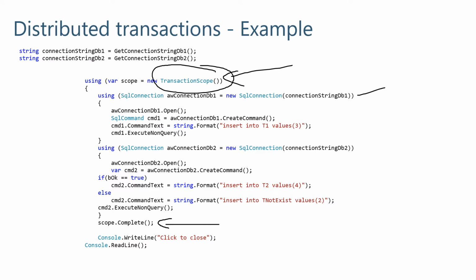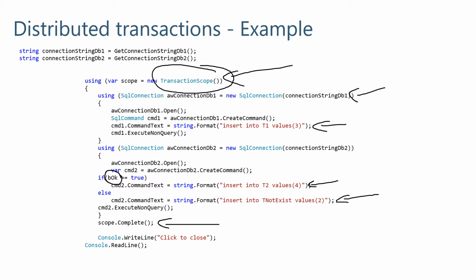So we have this connection. We are going to run this insert, and in the second connection, just for demo purposes, depending on one value that we have here, true or not, we are going to update one existing table in the secondary database, or we don't have this table.